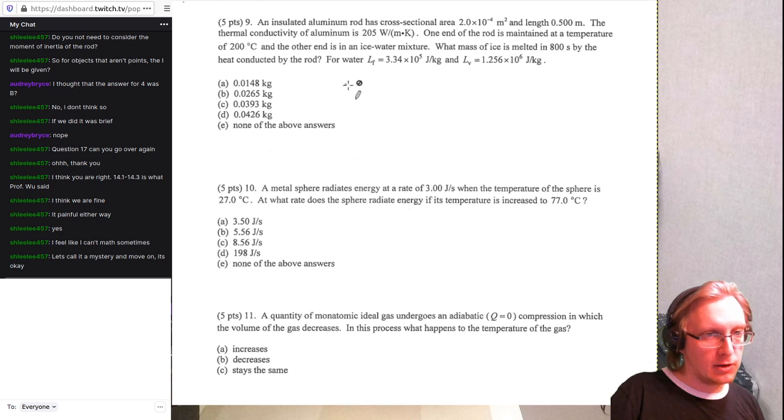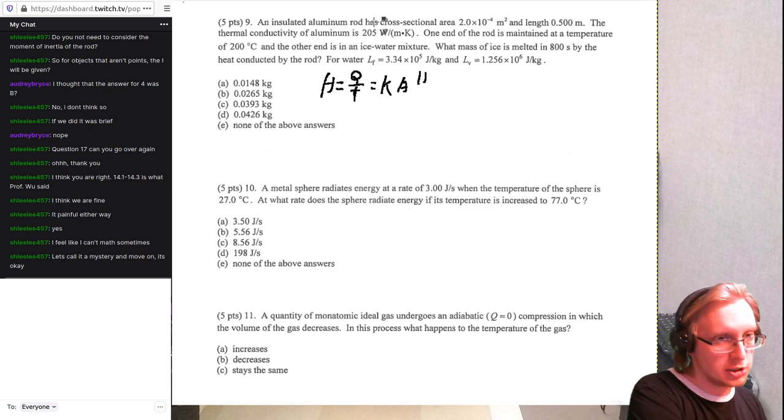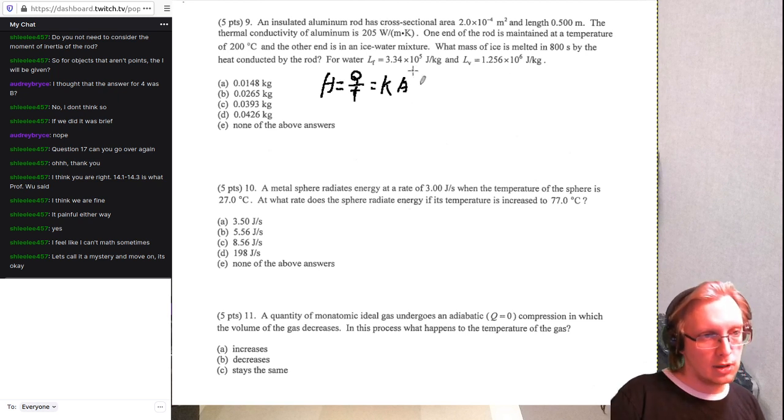I need to be writing on the right page. There we go. So we have that the heat transferred, which is Q over time, is also equal to K A temperature hot minus temperature cold divided by the length that the energy needs to travel.